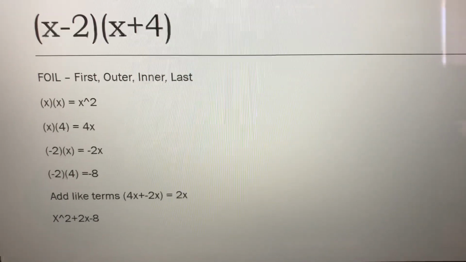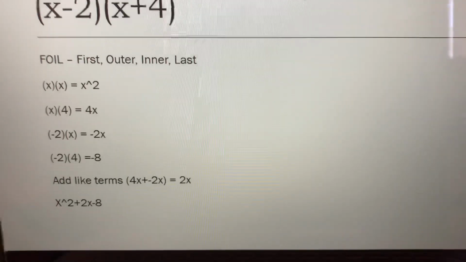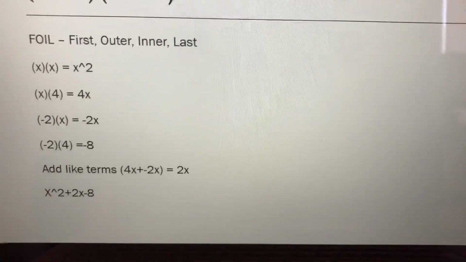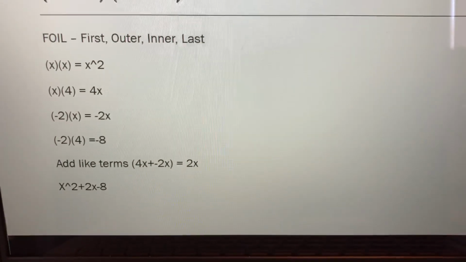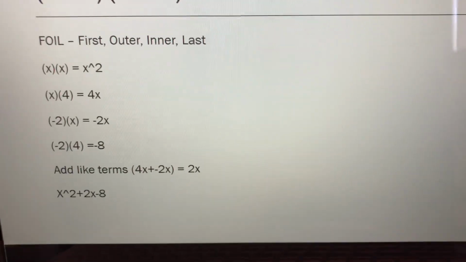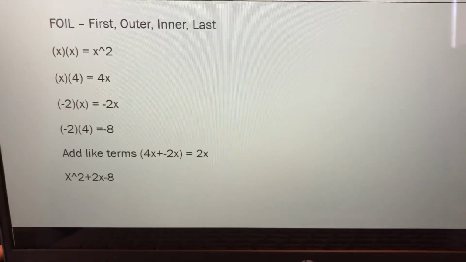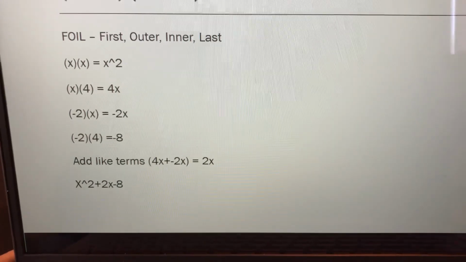So I like to say add like terms, but you can just say combine like terms. You can see here that I've got 4x plus negative 2x. And the reason I do that is so that I don't end up misplacing a negative sign. So it is the same as saying 4x minus 2x, which leaves us with 2x.